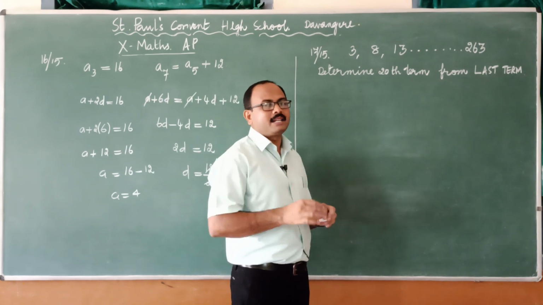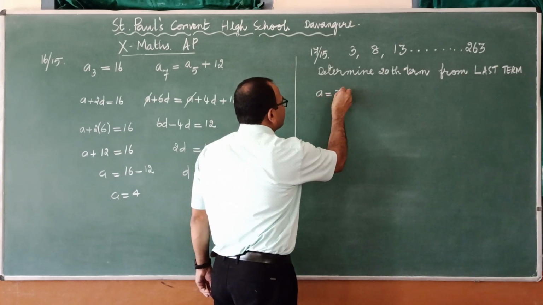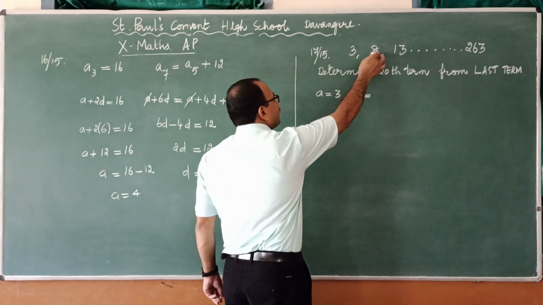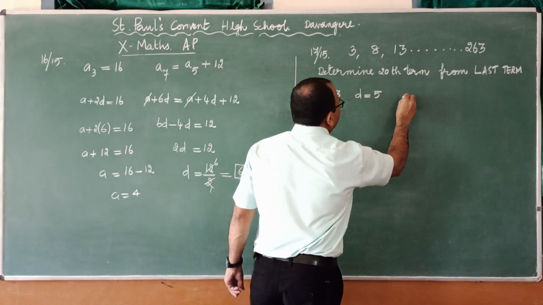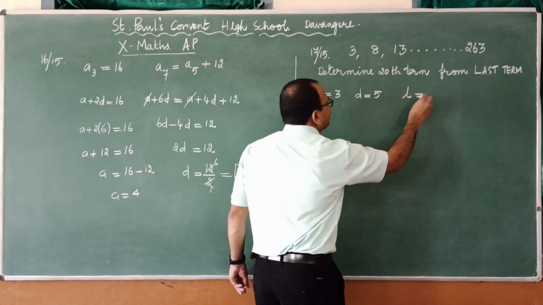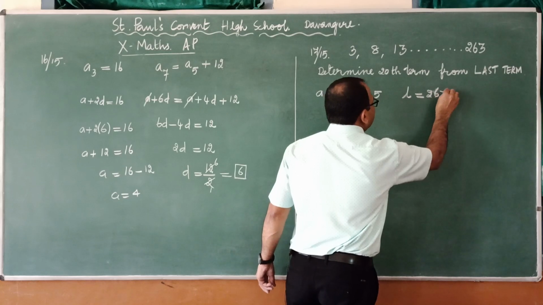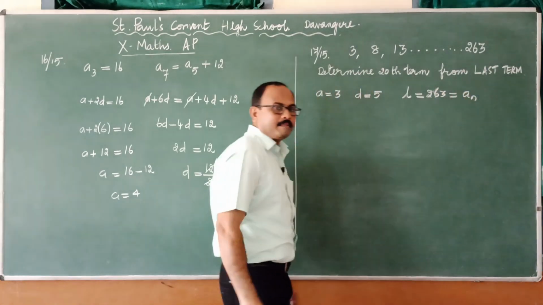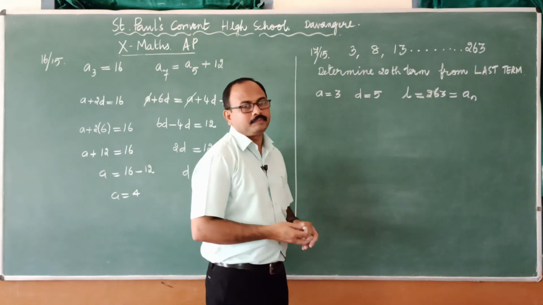Okay, let's first write down the given, children. We know that a is equal to 3, children, and d is equal to a2 minus a1, 8 minus 3, which is 5. Then the last term, or nth term, is 263. This is nothing but the nth term, children. We can say the nth term is the last term.